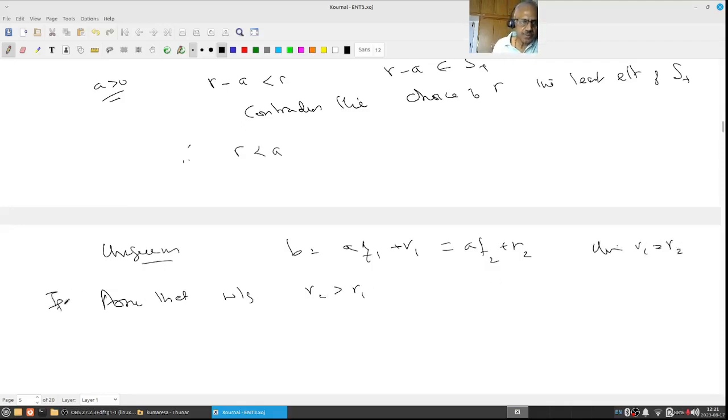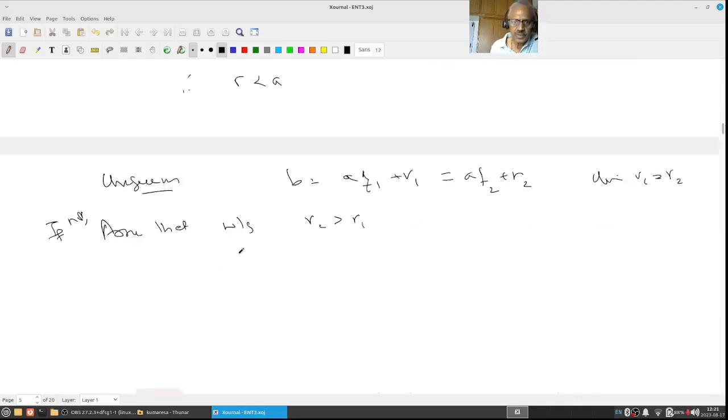If not, assume that r2 is greater than r1. Then r2 minus r1 is strictly positive. But what is r2 minus r1? r2 is b minus aq2, r1 is b minus aq1, so that is equal to a into q1 minus q2.